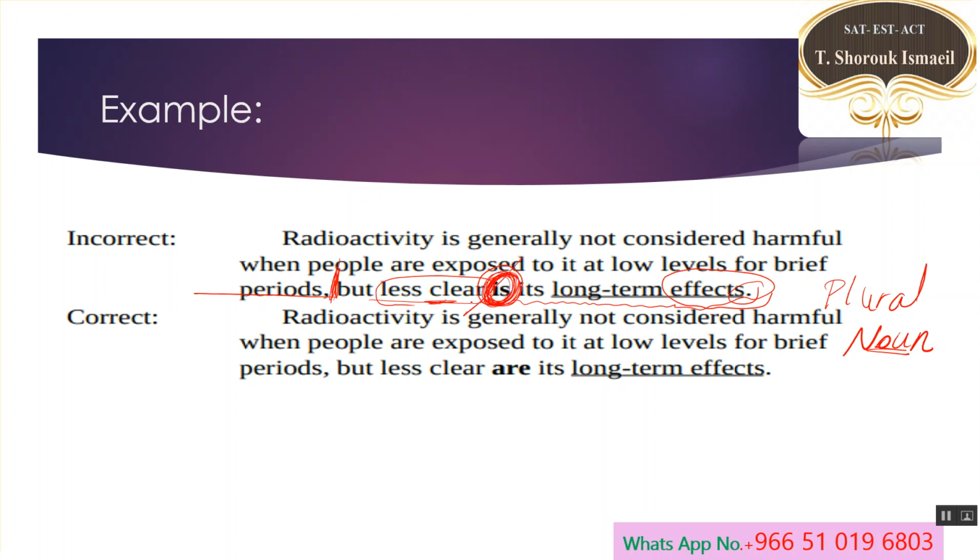This one is singular, so it cannot work. I need to change it into a plural verb, so this will be a correct sentence. Let's have a look at it. But less clear, this is an adjective, followed by the verb are. It's long term. The agreement comes with effects, not with long term, because long term again is an adjective. Okay, very nice. So that is another structure.